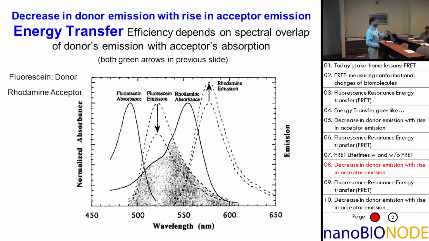Another way of saying that is, if the quantum yield of the donor is very low, it's going to be lousy not only at giving up a photon, because it's mostly going to heat, but for that reason, it's also really lousy as a FRET donor.